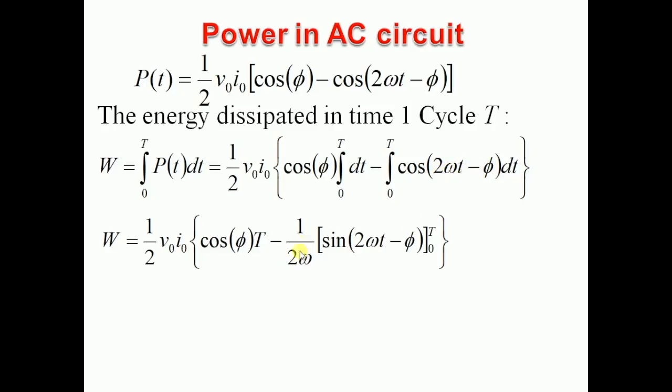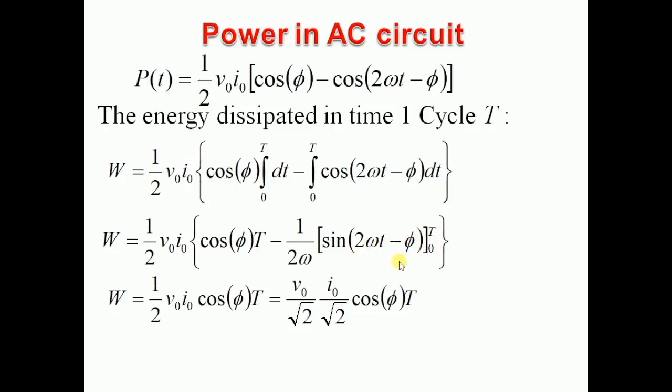So we have 1 upon 2 omega common, sine of twice omega t minus phi, which runs over limits 0 to capital T. Now if you substitute the limits, you have to understand that omega is equal to 2 pi upon capital T, multiplied by t. So t is cancelled. So here we have something 4 pi minus phi, sine of, and then substituting t equal to 0 will be sine of minus phi.